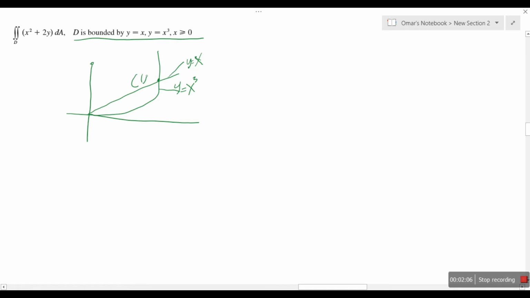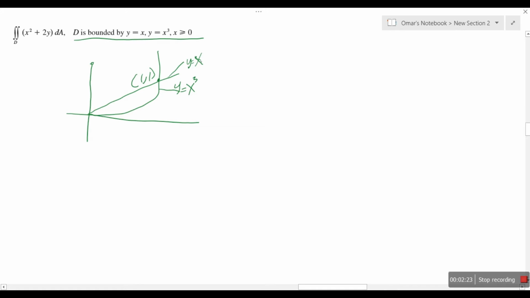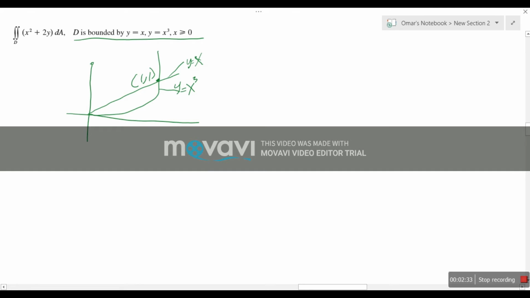They should meet at (1,1), because if x equals 1, y will be 1, and if x cubed equals 1, y will be 1. So they should meet at (1,1).